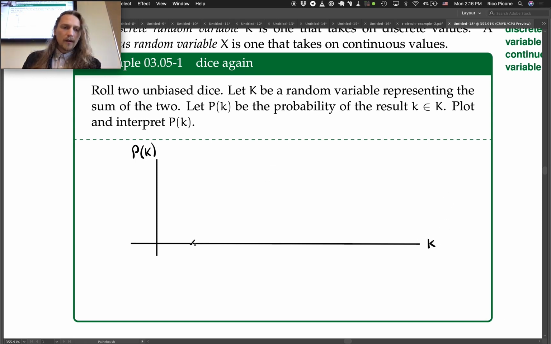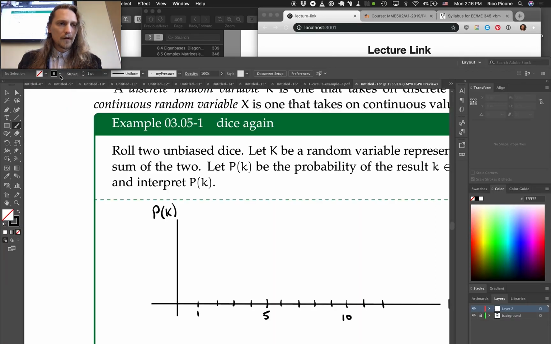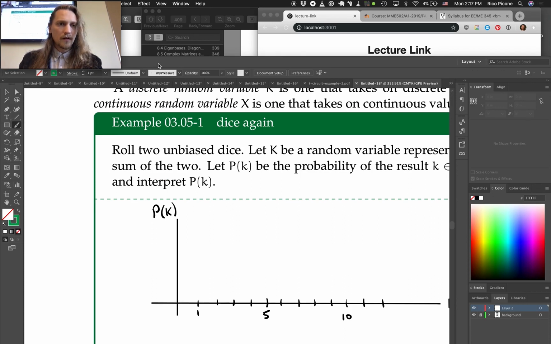And we've got 1, 2, 3, 4, 5, 6, 7, 8, 9, 10, 11, 12.